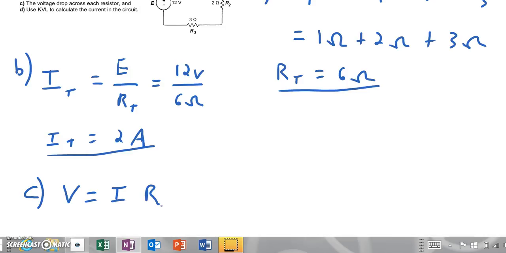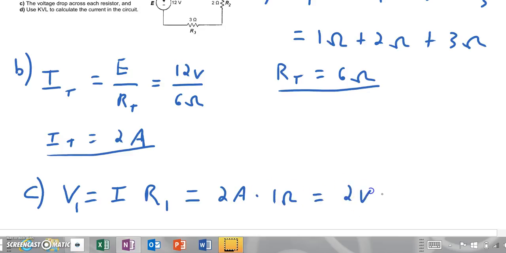So I1 equals I2 equals I3 equals 2 amps. If we apply Ohm's law to resistor 1, we get V1 equals I times R1. We have 2 amps multiplied by 1 ohm, and that gives us a voltage drop of 2 volts across V1.